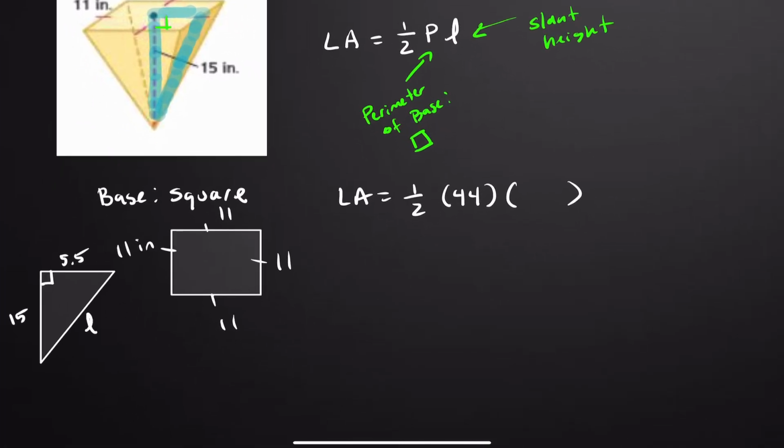We're going to use lowercase l to find the slant height. And because we're dealing with a right triangle here and we know the two side lengths, that means we're going to be using the Pythagorean theorem. So it's a squared plus b squared equals c squared. A is going to be 5.5 squared plus b, which will be 15 squared. And then c is going to be l, so l squared.